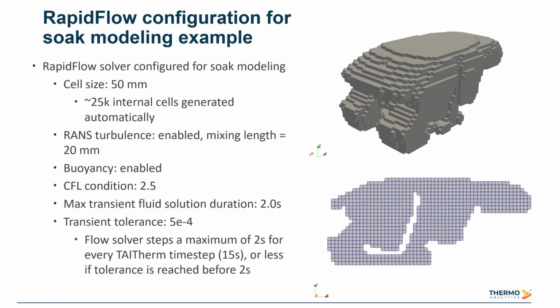And then for each one of those TAITherm time steps, we're going to let the RapidFlow fluid solver march forward up to a maximum of 2 seconds, or even less than that if we hit a specified tolerance. And those values were found to be sufficient for most time steps to let the fluid domain converge appropriately for how the thermal boundary conditions, surface temperatures have changed. And again, these are all values that you can tune a little bit to trade off between accuracy and runtime.